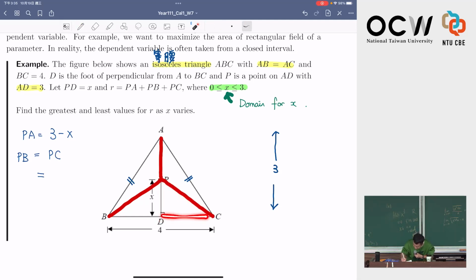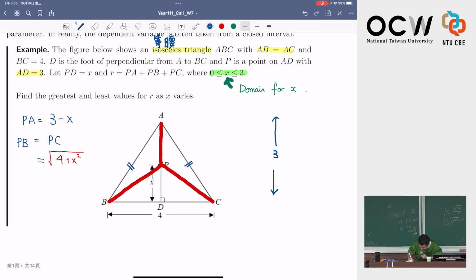So DC is 2, PD is x. Therefore, PC is the square root of 4 plus x squared. Hopefully not too difficult, right? You can get through this.